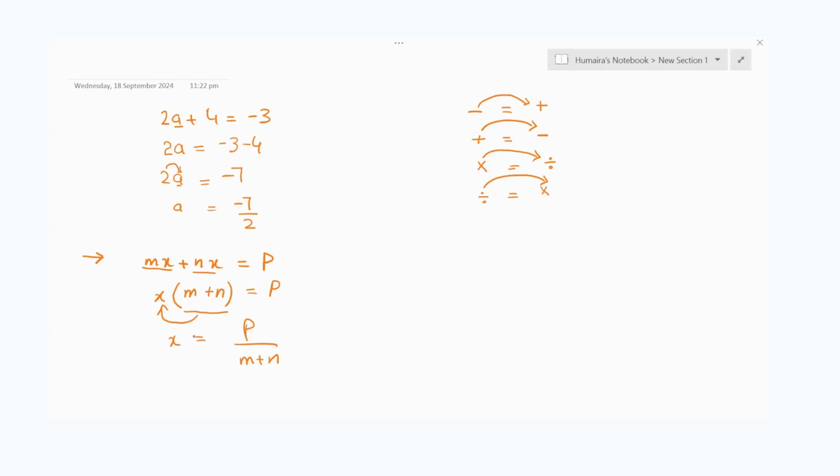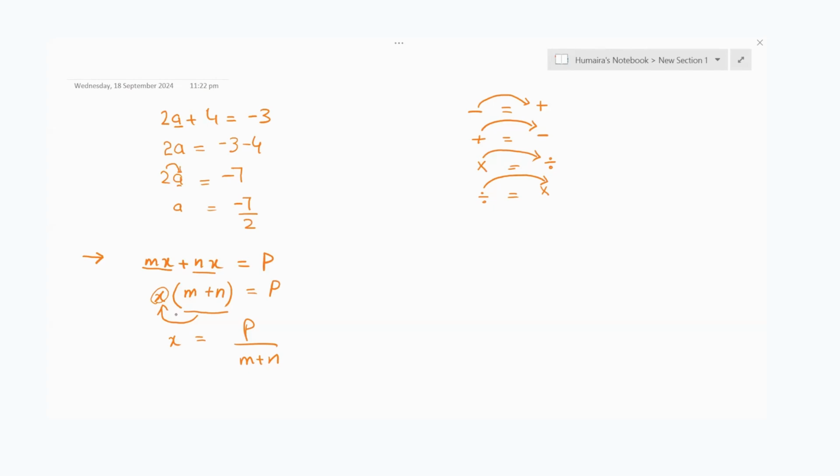How did you get the answer? The answer is, I just keep this x variable on this side because we have to work out the value of x, and the thing that we have to work out, we will keep that variable on one side, and we will shift all other terms to the other side of equality.